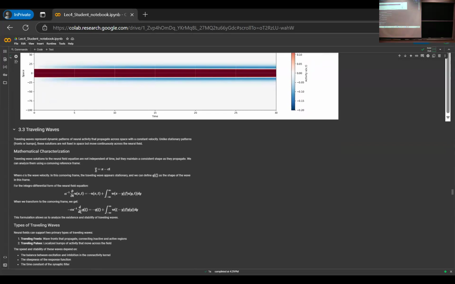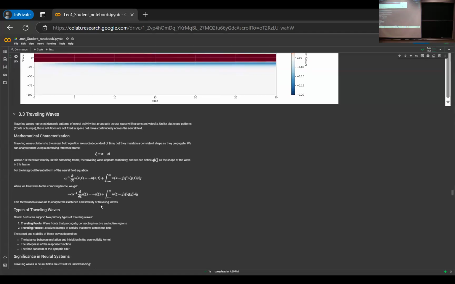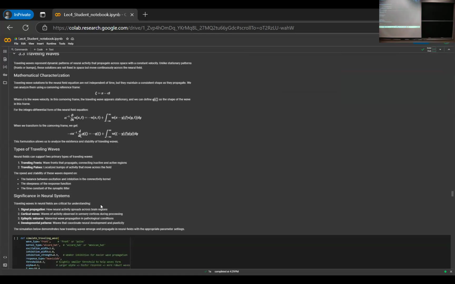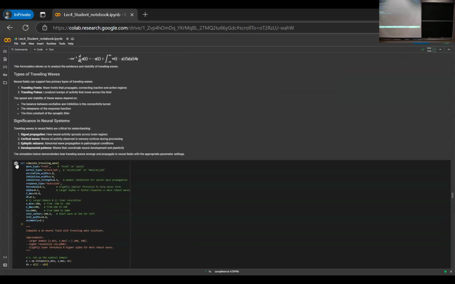It's like if you're in a car and you look outside your window and see other cars moving, to you they seem stationary. So it's essentially the same principle. You just change your reference frame to a moving one, and then you can solve it similar to the previous steps.